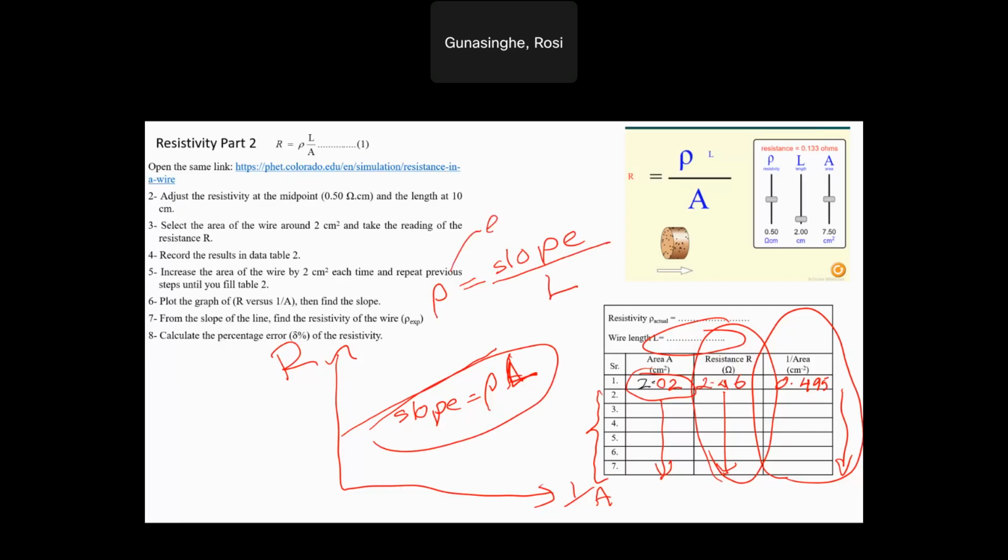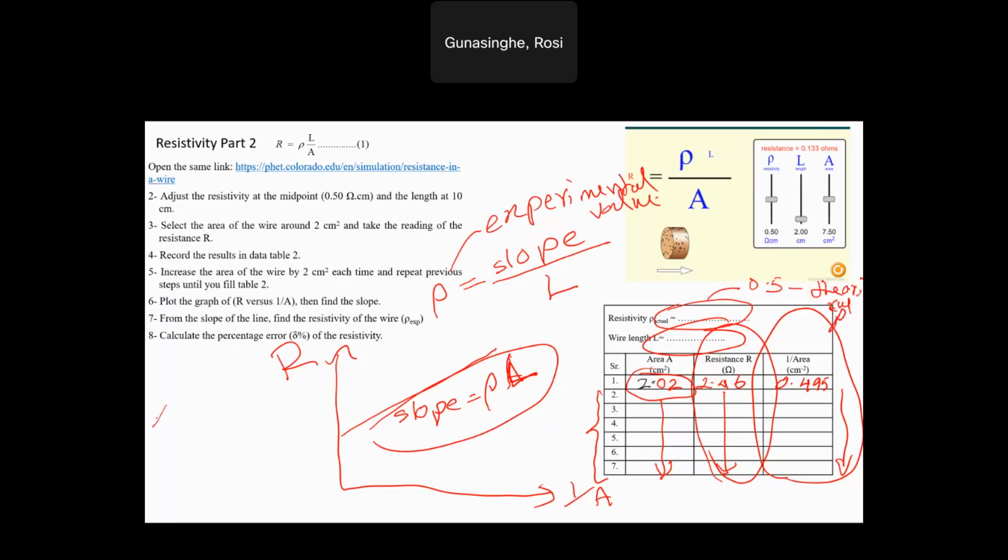This is your experimental value for the resistivity. Whatever you recorded here, which is 0.5, is the theoretical resistivity.